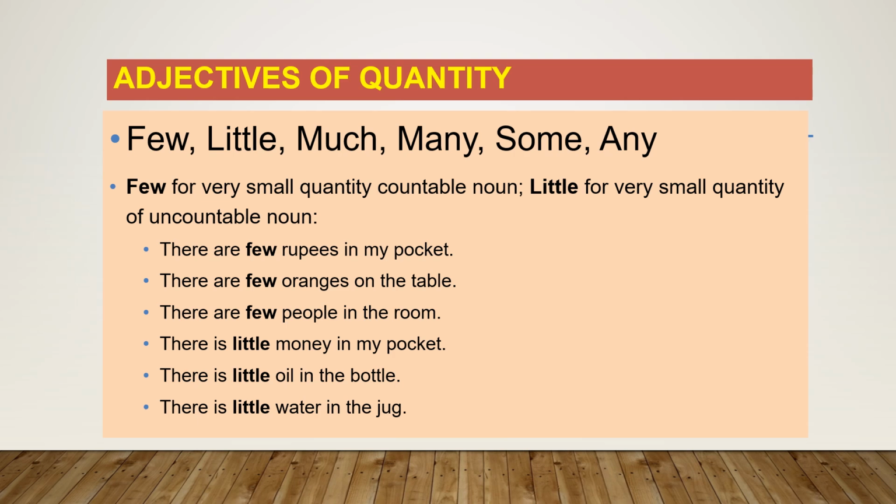There is little oil in the bottle. Again, little, because oil is uncountable. There is little water in the jug. Water again is uncountable. We can count drops of water. We can count liters of water, but we cannot count water. We have to provide other nouns in order to make them countable.